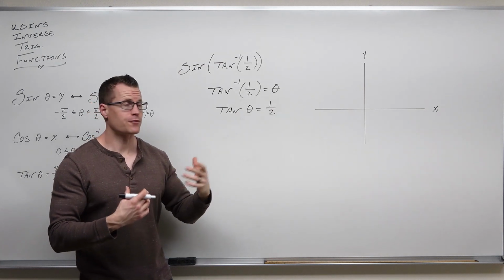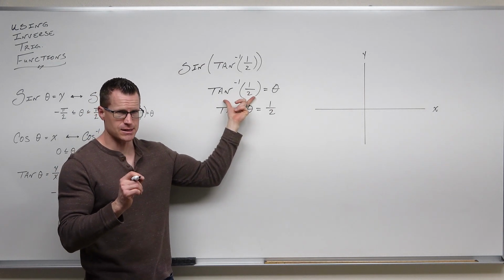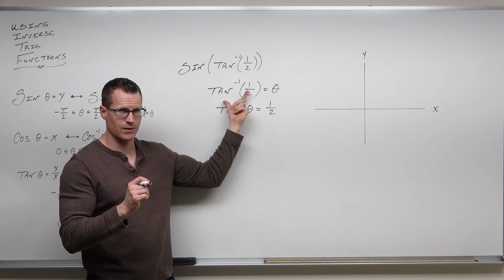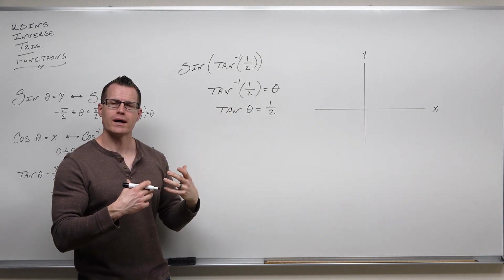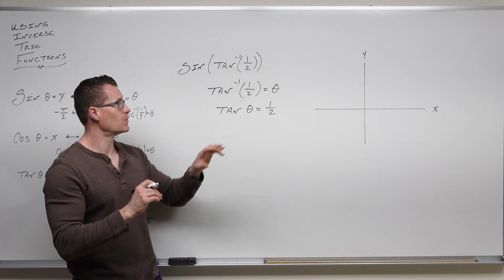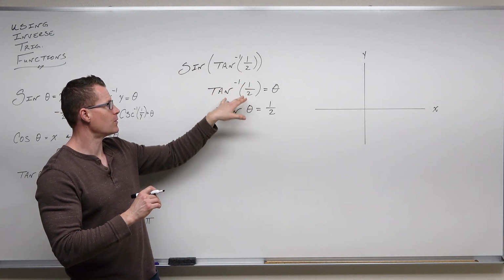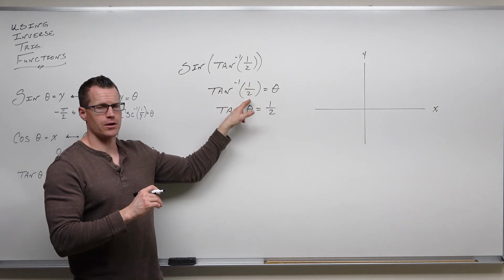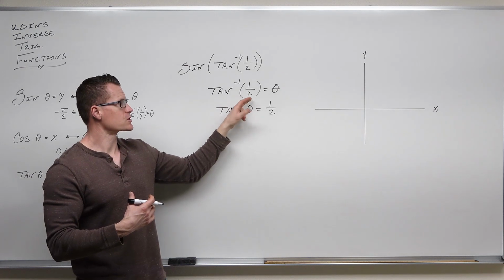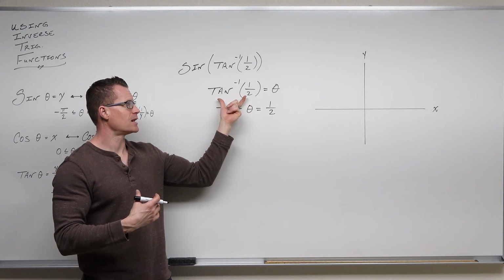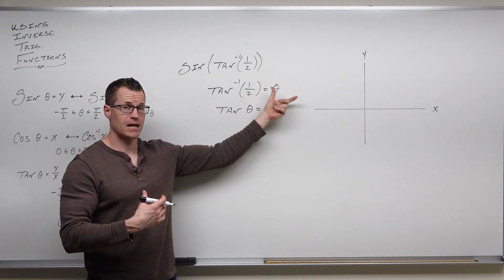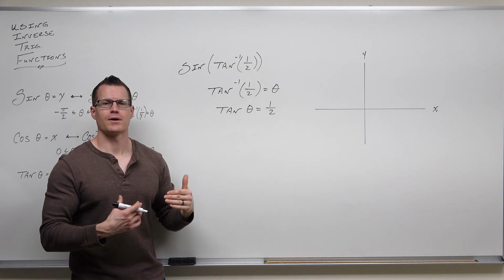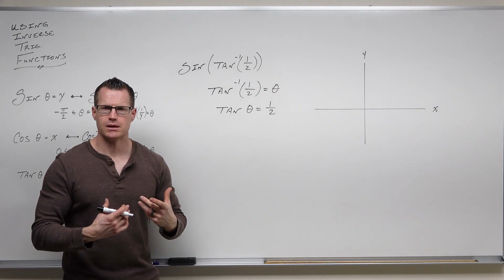So if you are not finding this out very easily, you're like, I don't know where that is, we'll write this as a normal trig function. So we're thinking, that gives me an angle. That's true. This is not on a unit circle. It's also true. So let's write this as, hey, if tan inverse of 1/2 gives me theta, tangent of theta gives me 1/2. So what's that mean?